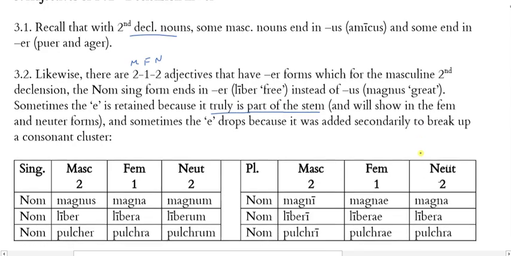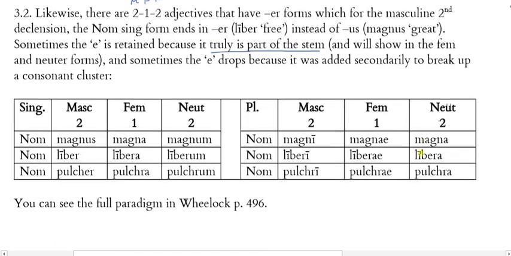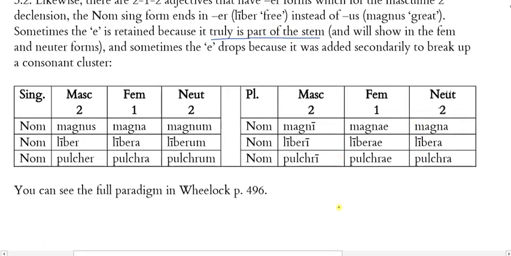And so I've given you a chart just with the nominative forms of adjectives following the 2-1-2 pattern, where we see the us form in the masculine, or we see the er form in the masculine nominative singular. But we'll see that with liber, the e is actually part of the stem, so you'll see it in the feminine and the neuter forms, whereas in pulcher, the e is not part of the stem, and that's why it's invisible.